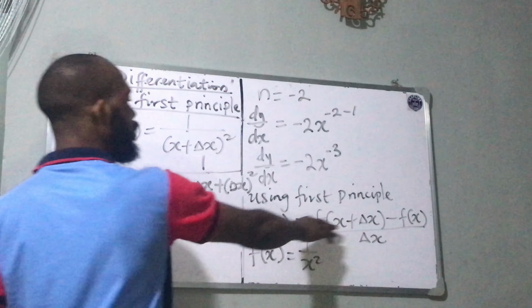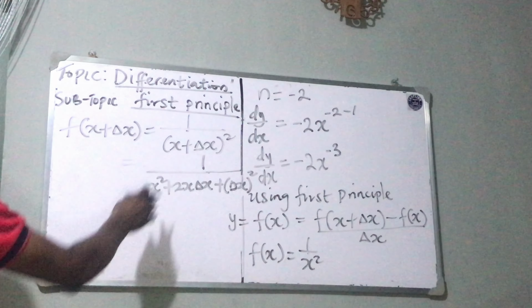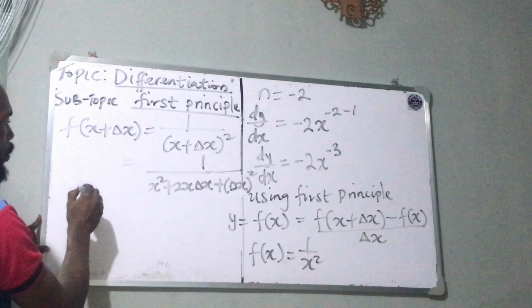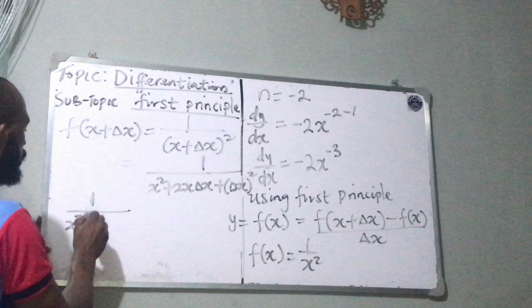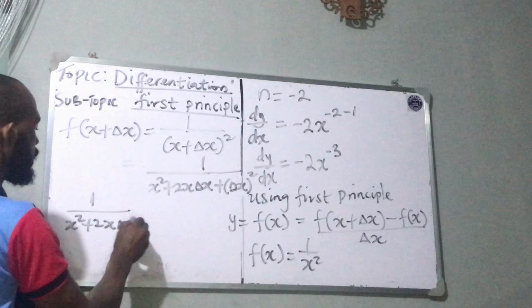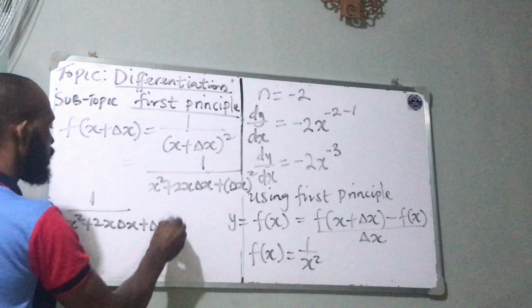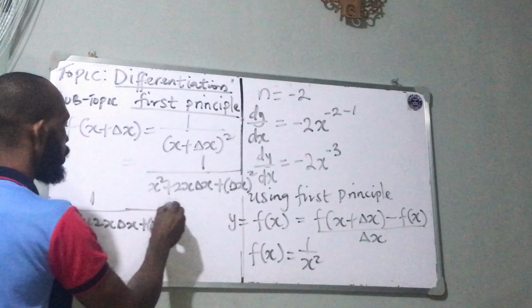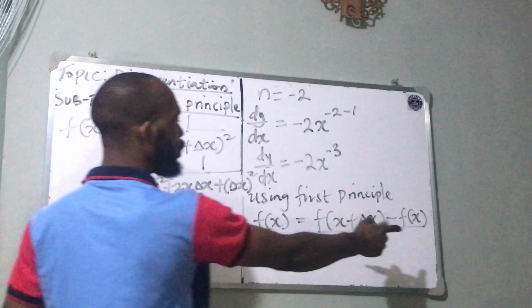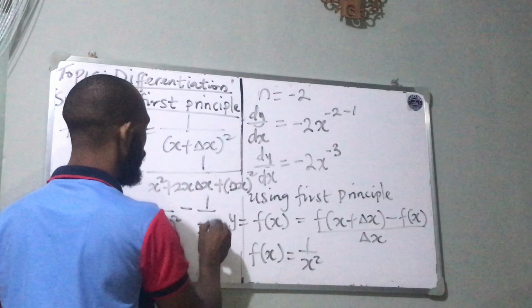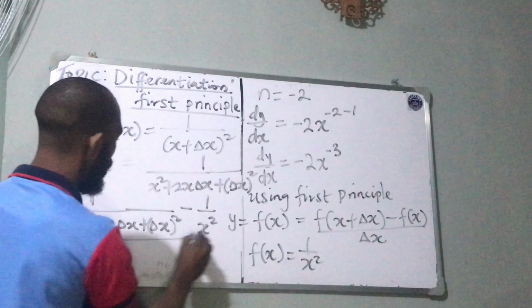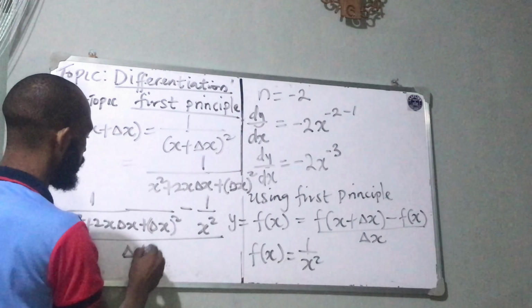So I'll go back to my formula and input this. So I have 1 over x squared plus 2x change in x plus change in x all squared, minus my f of x, which is 1 over x squared, all over change in x.